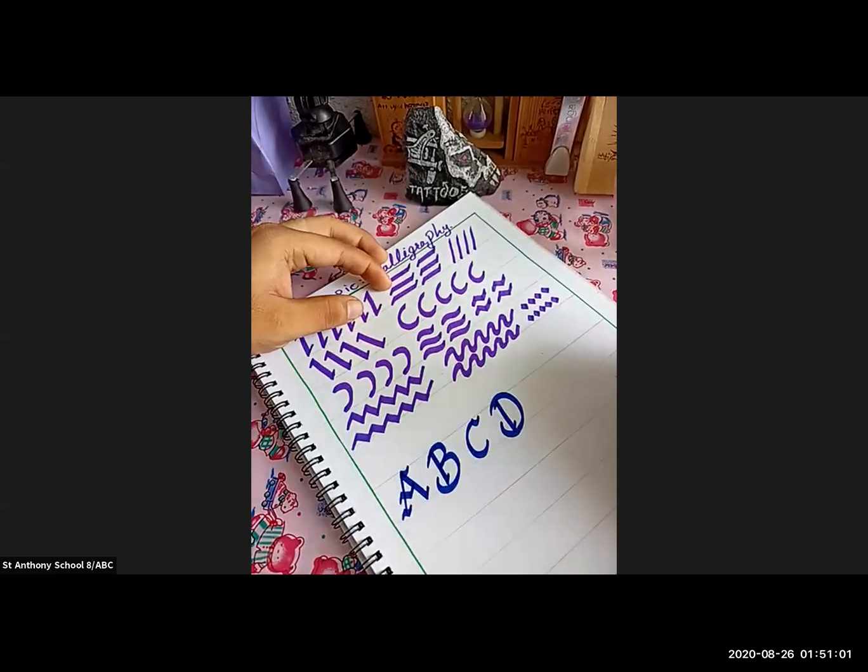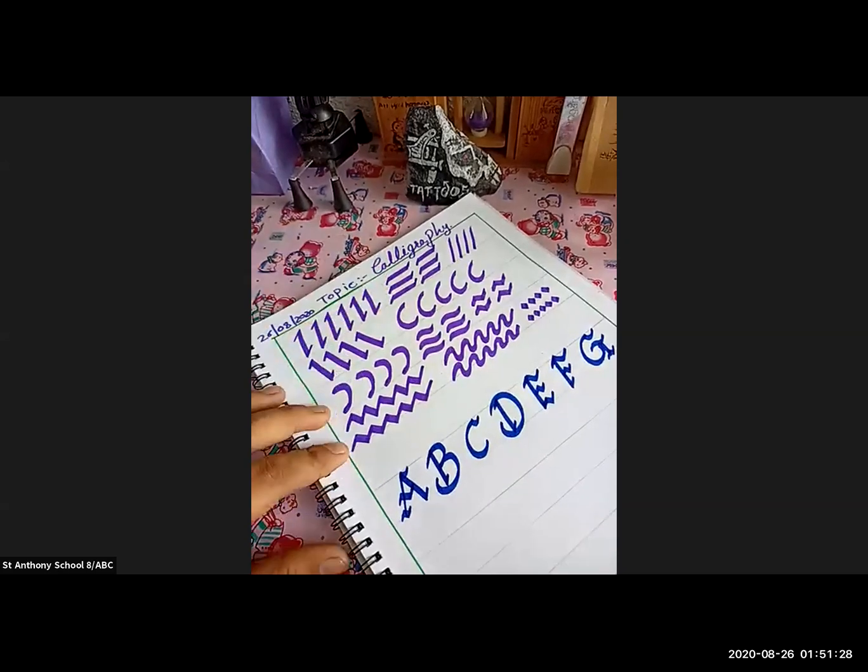This is D. Then comes E. E, straight line, then comes the wave, 1, 2, 3. E. Same with F, straight line. This is F. Then comes the G. So just giving a curved line. This is G.